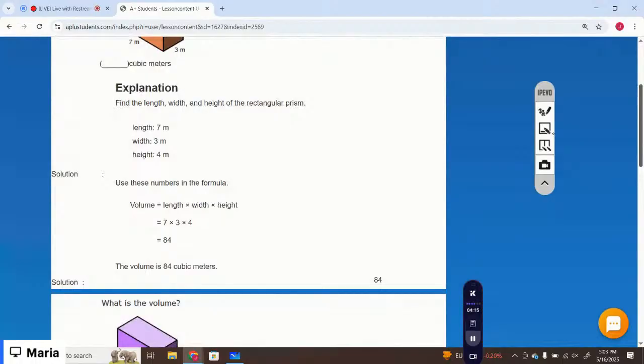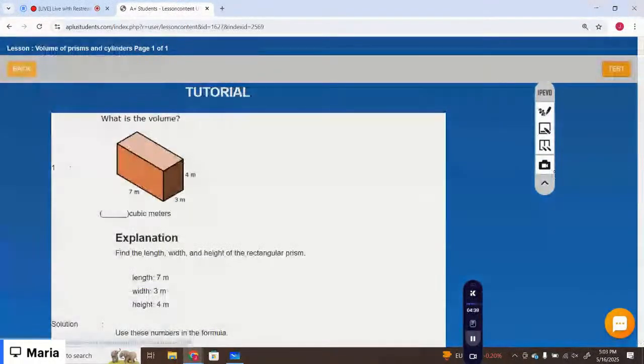So the correct option is 7 times 3 times 4. That is 84. So the volume you need to calculate is length times width times height.